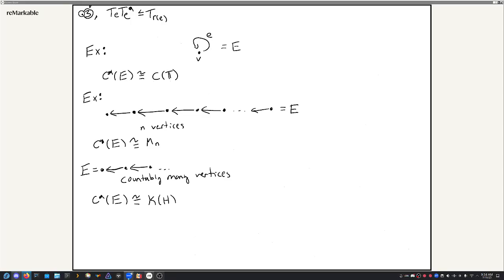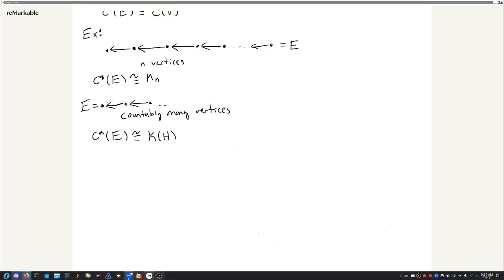But for graph C star algebras, it's pretty easy, comparatively, to construct injective or faithful representations. And that's the nice thing about graph C star algebras.